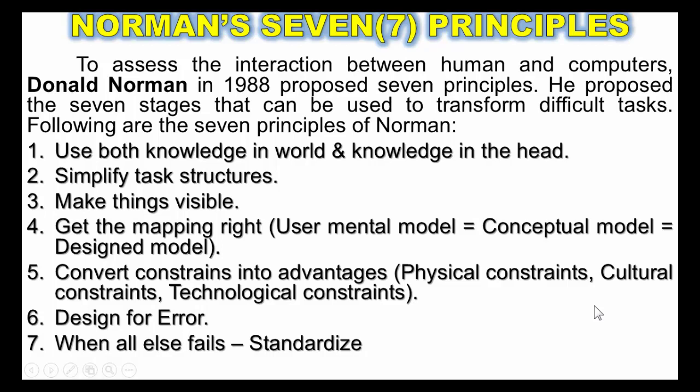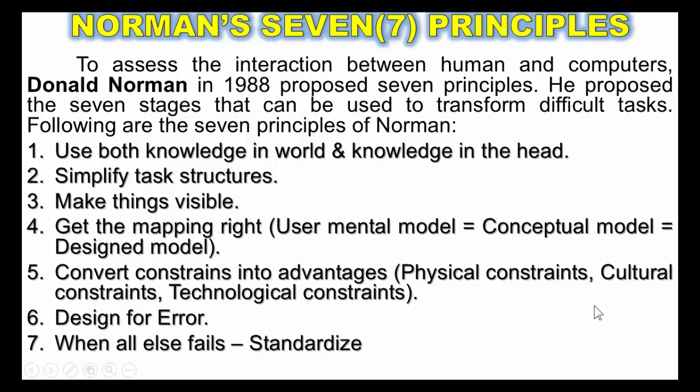Number 1, use both knowledge in the world and knowledge in the head. Number 2, simplify task structures. Number 3, make things visible. Number 4, get the mapping right. User mental model is equal to conceptual model is equal to design model.